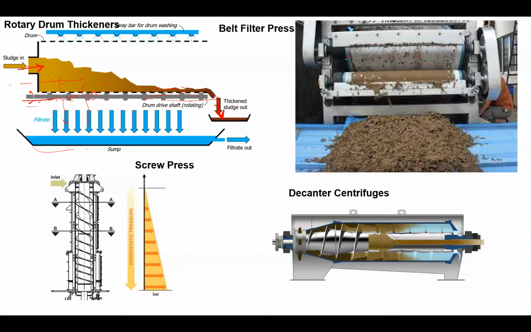I hope you have seen that. It is similar: we are applying pressure on the sludge, which gives force to the sludge and squeezes it. It will take out the water that we can collect, and the solids we can separate like this.